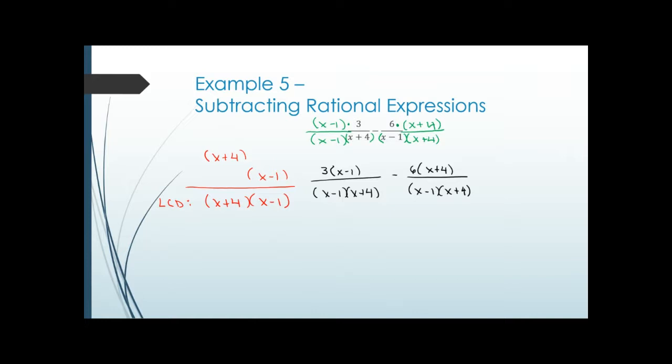So now I'm going to combine these together because now they have a common denominator. I'm going to write these together, which means you're combining the tops of the fractions. So I have 3 times x minus 1 minus 6 times x plus 4, and then my denominator stays the same.